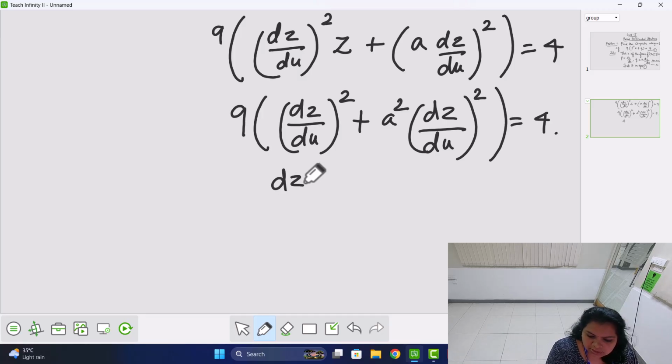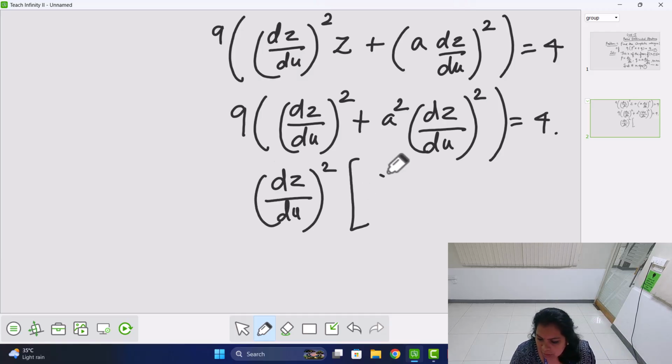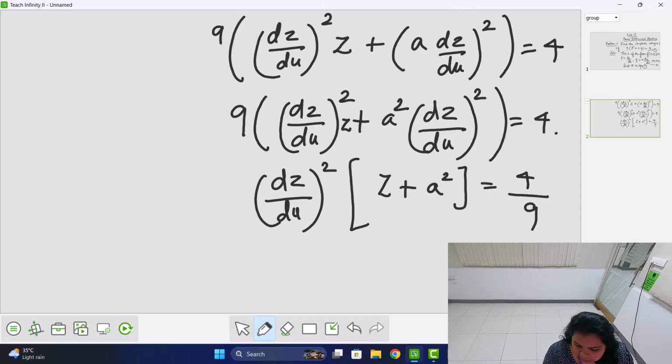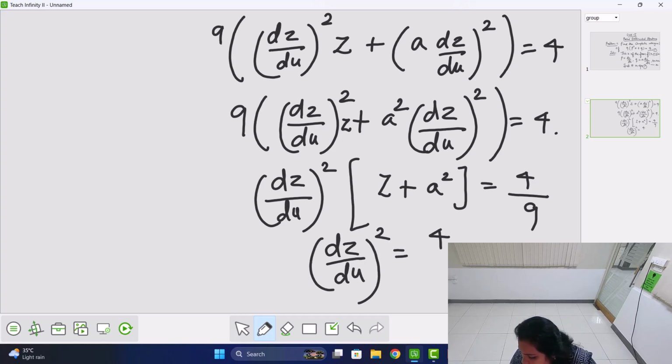Take (dz/du)² as a common term, so z plus a² is equal to 4 by 9. We need to calculate dz/du only, so take (dz/du)² on one side and bring all the terms to the other side: 4/9 times 1/(z + a²).